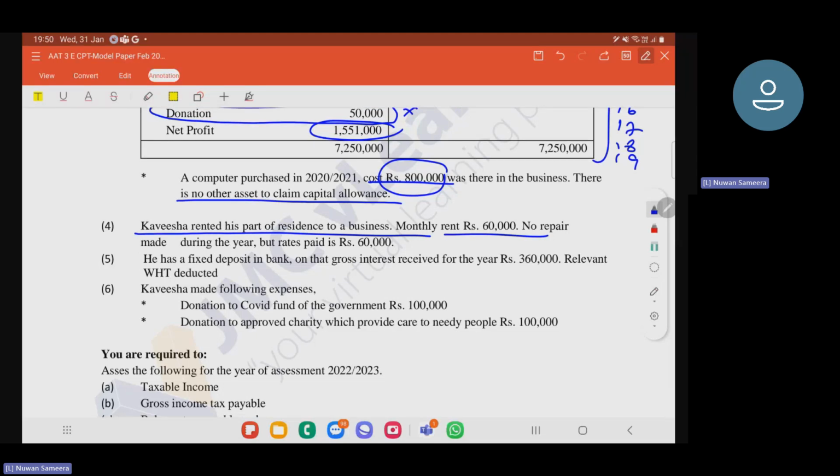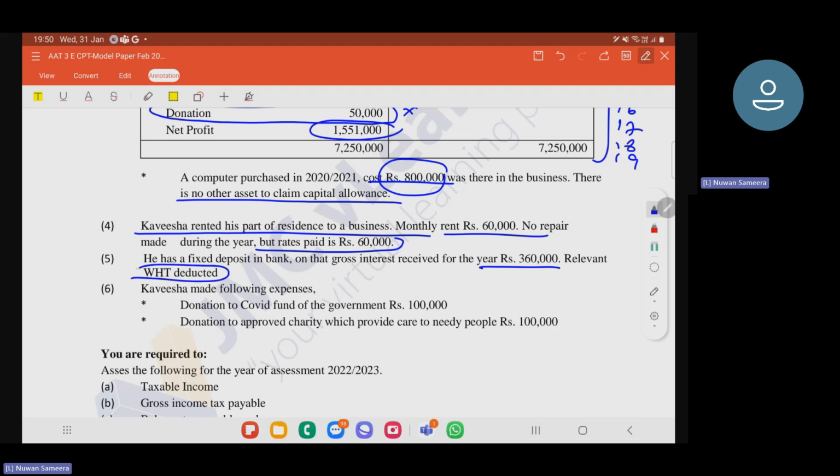The other one is that he has a fixed deposit in a bank, but the rate paid is 60. The rate paid you can deduct as an expense under the investment income. On that fixed deposit, the gross interest received for the year is 360, and the relevant withholding tax was deducted.